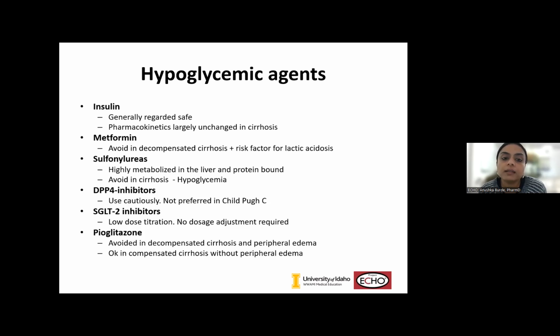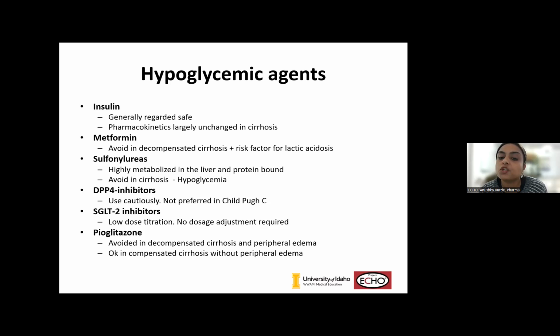Now, metformin, on the other hand, maybe should be avoided in somebody who has decompensated cirrhosis and maybe a risk factor for lactic acidosis, such as renal impairment or alcohol use, because metformin, if not cleared from the body appropriately, can result in risk of lactic acidosis, which is quite rare, but it can possibly happen in patients with decompensated cirrhosis.